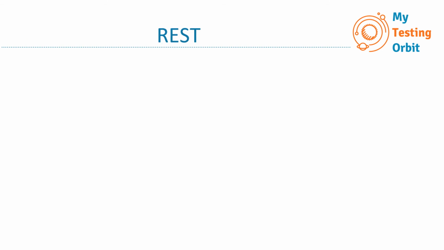So let's have a look now at REST APIs. REST stands for Representational State Transfer. The biggest difference between REST and the others is that it's not a protocol, it's an architectural style for services. Why is it an architectural style? Only because it is not dependent on a specific protocol.